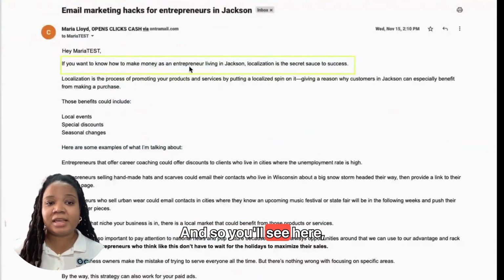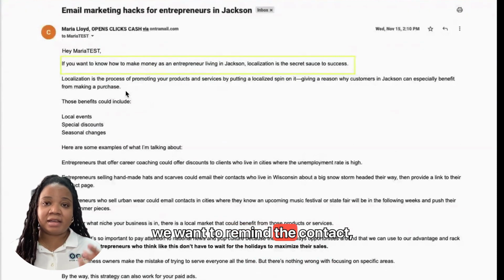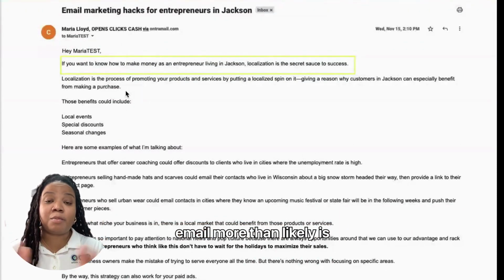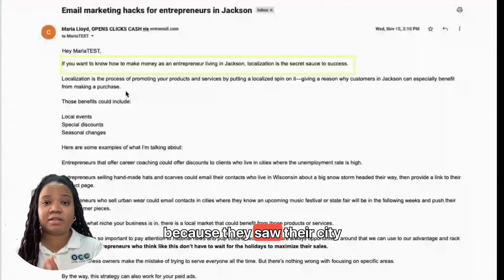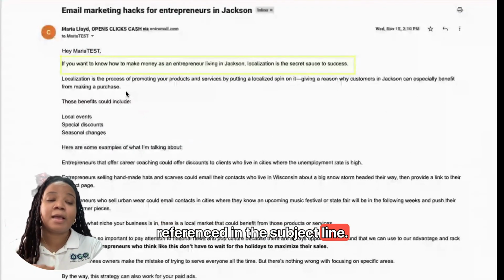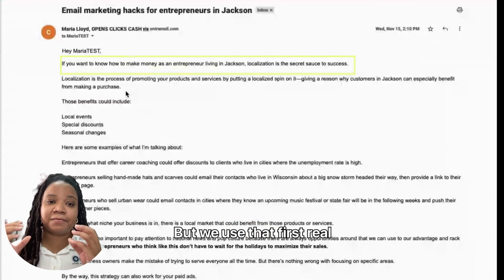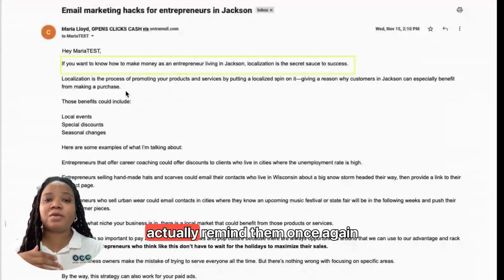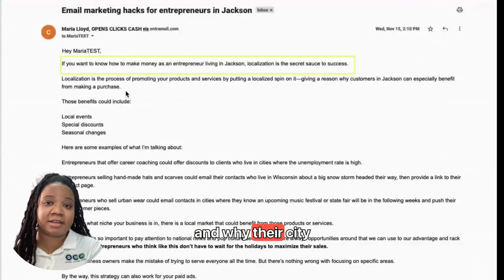We want to remind the contact, even though what compelled them to open this email more than likely is that they saw their city referenced in the subject line, so we use that first real sentence of copy to remind them once again why they're getting this email and why their city was referenced.